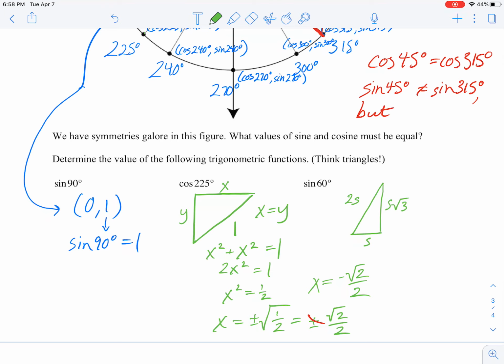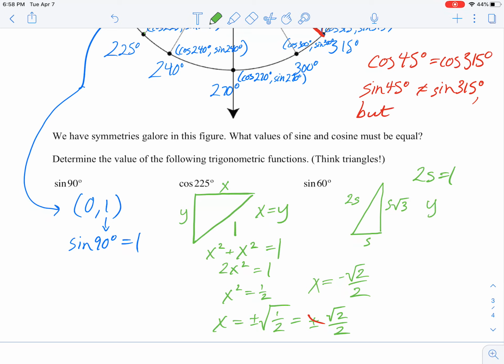Okay, but we also have other things that these are equal to. We know that 2S is equal to 1. We know that S root 3 is equal to y. That's actually the sine value we were looking for.